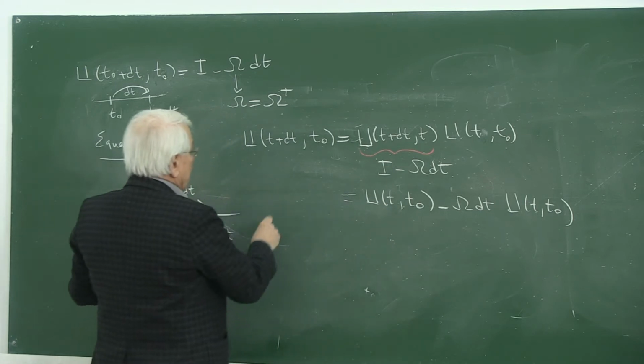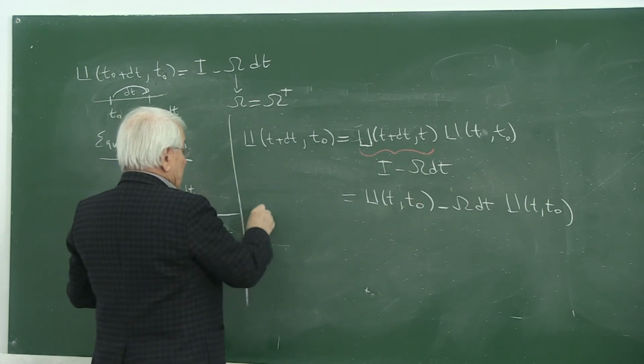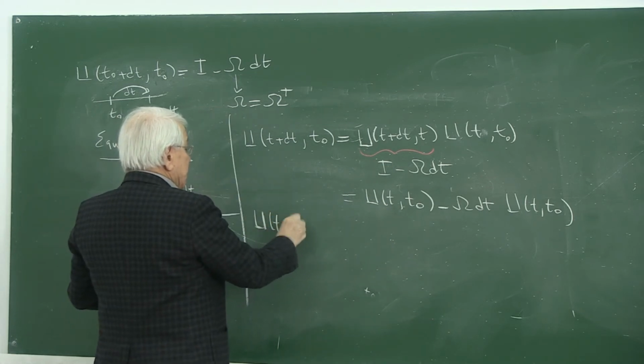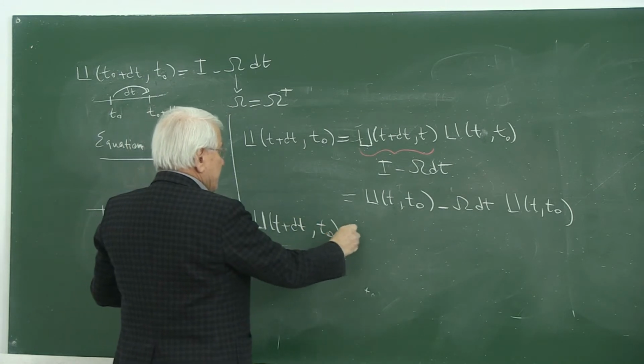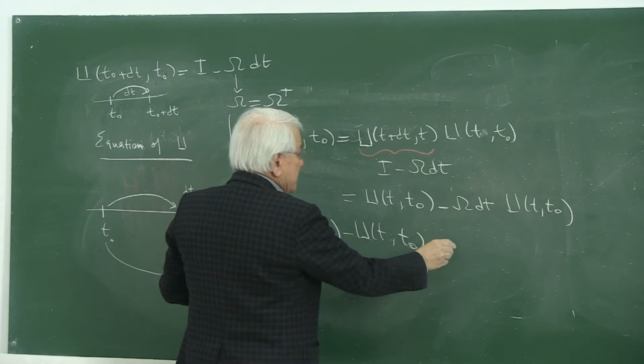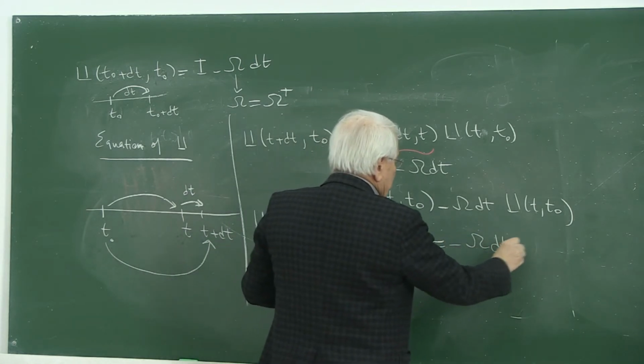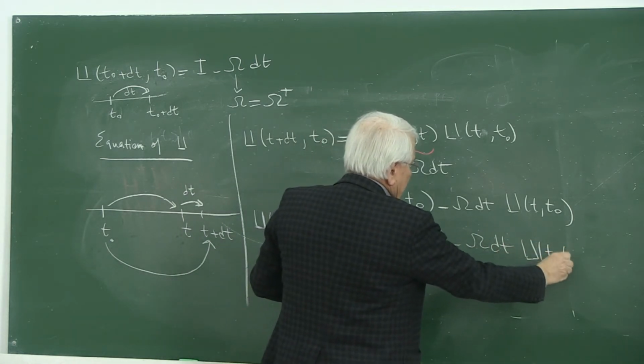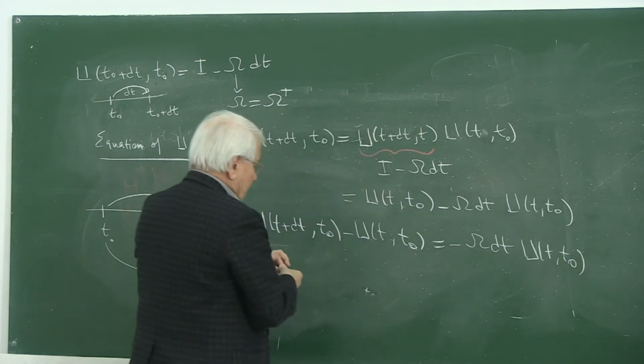Let me move this to the left and write the left-hand side as U(t plus dt, t0) minus U(t, t0). The right-hand side is minus omega dt U(t, t0).